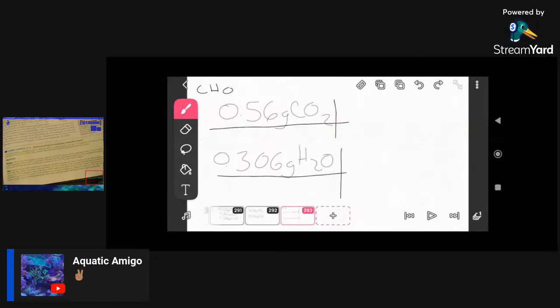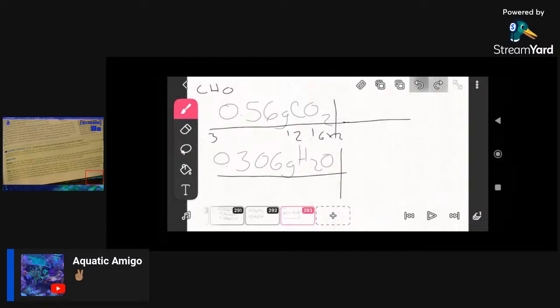All right, so we got this. First off, we got grams. So I want to convert grams to moles. So carbon weighs 12 and oxygen is 16, and we got two of those. So 16 times 2 is 32 plus 12. We're at 44, I think.